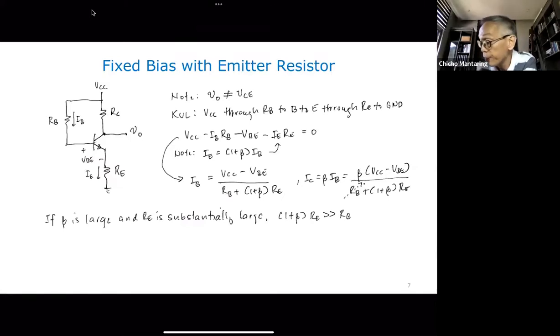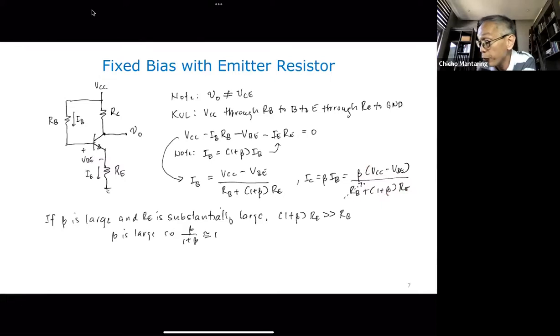On the other hand, we said that beta is large. So beta over 1 plus beta is approximately equal to 1. So this beta over 1 plus beta becomes approximately equal to 1.